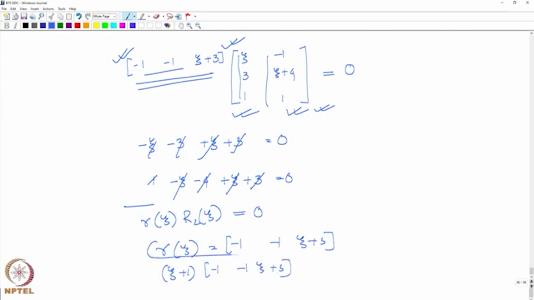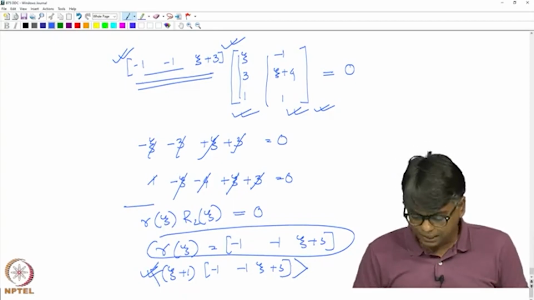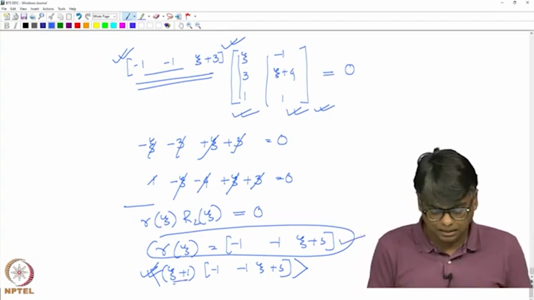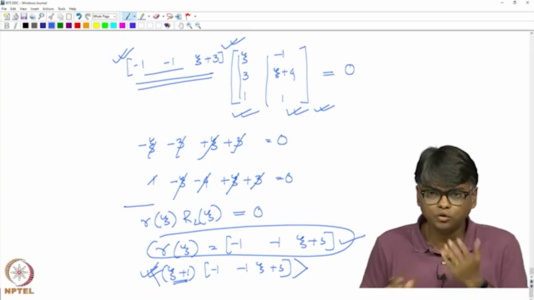Can this R be in the module generated by this one? Of course not. How do you get R from this? You have to divide by xi plus 1, right? To get this R, you have to divide by this. Division is not allowed in a polynomial ring. So it is not there.